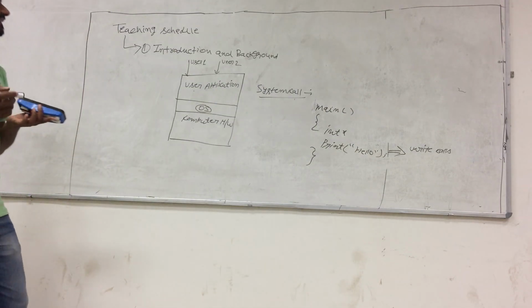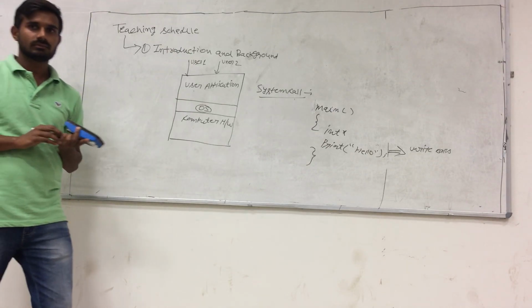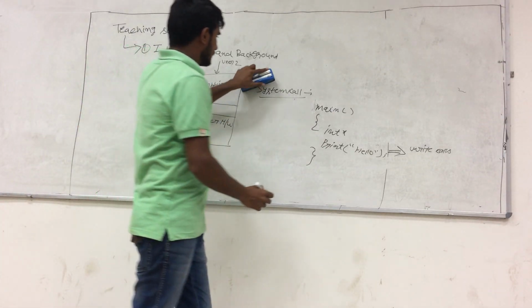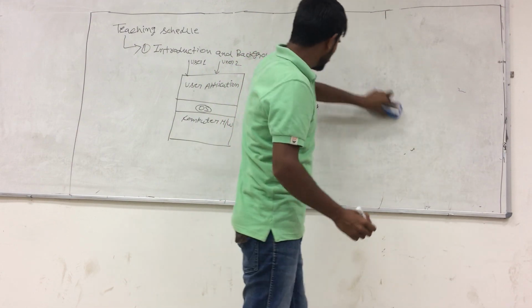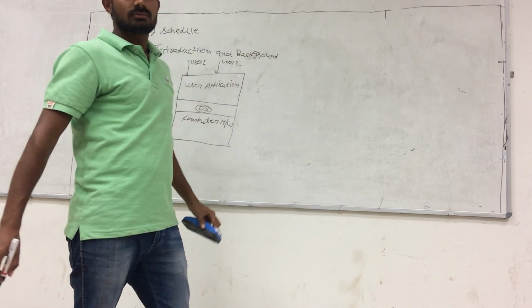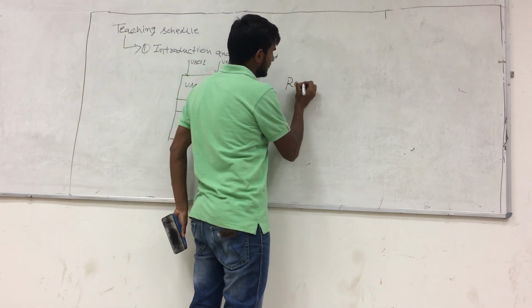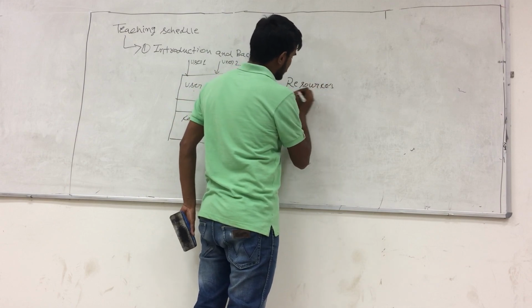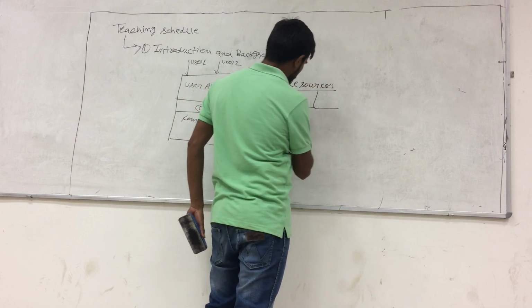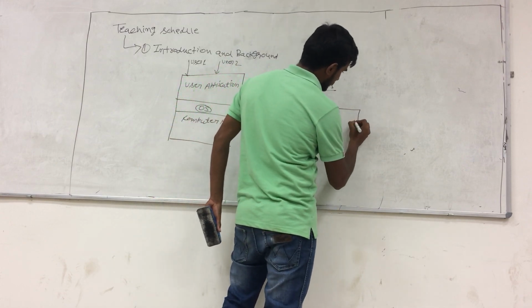And we can say that operating system is also called a resource allocator. So what are resources? The resources may be of two types. First one is software resources and second one is hardware resources.